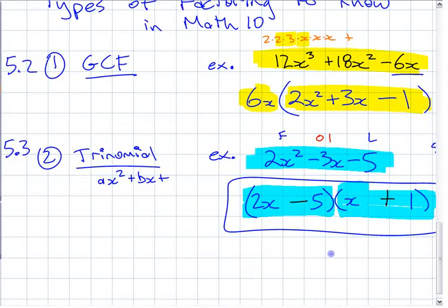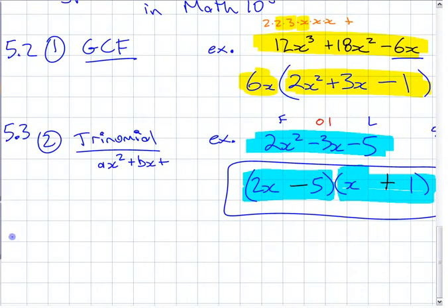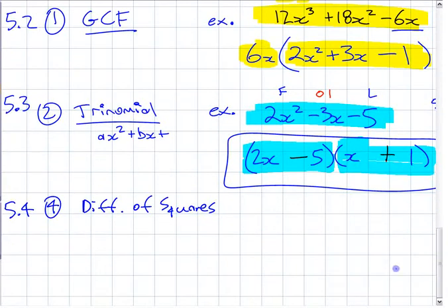The third kind of factoring, the most recent one, well, it's kind of two, I guess. Section 5.4 is called special trinomials, but there's two things. There's difference of squares, and there's also perfect square trinomials.